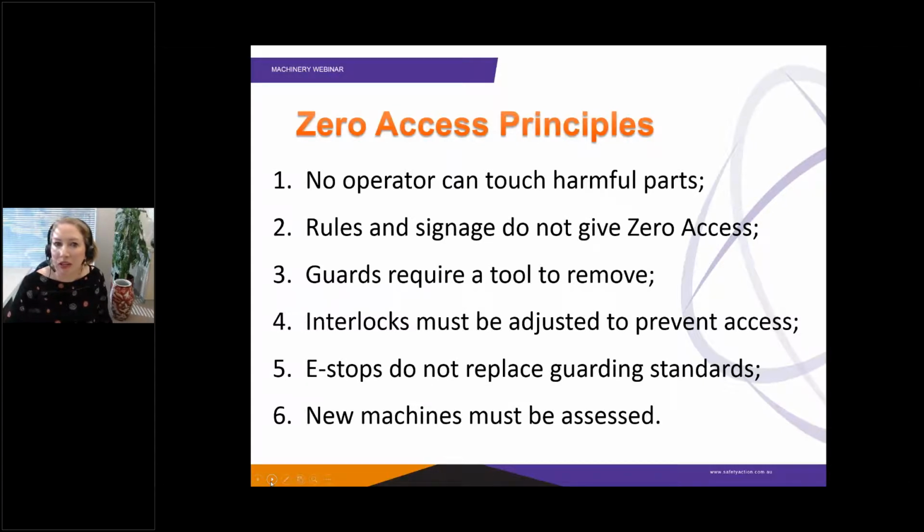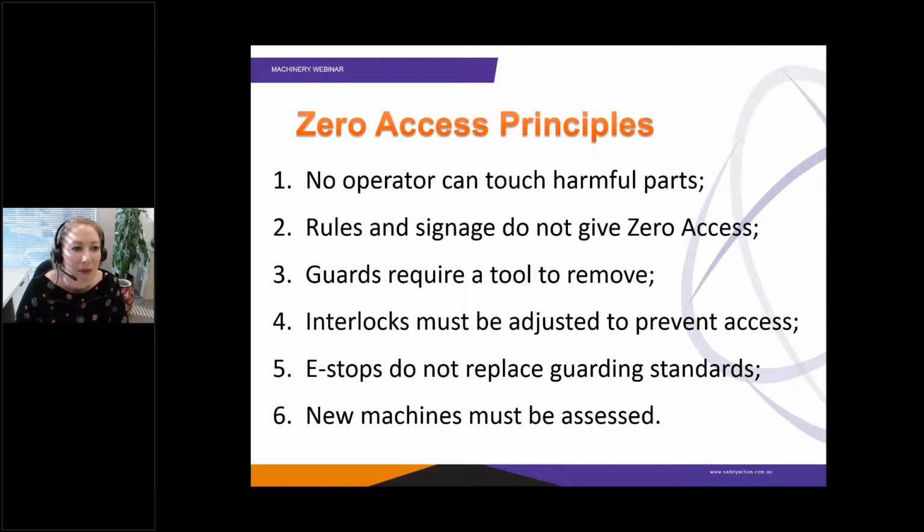When we make the machine safe from deliberately touching harmful parts, this covers off all of those other scenarios that were not immediately foreseeable and delivers a much higher level of safety. Obviously, rules and signage do not deliver zero access standard and do not achieve Australian Standard 4024 or the Safety Act requirements to provide safe plant and equipment.